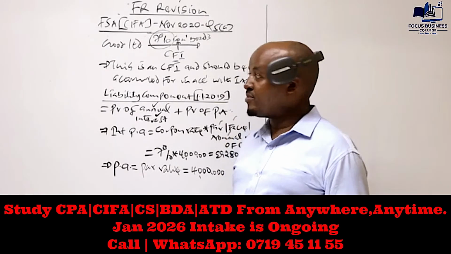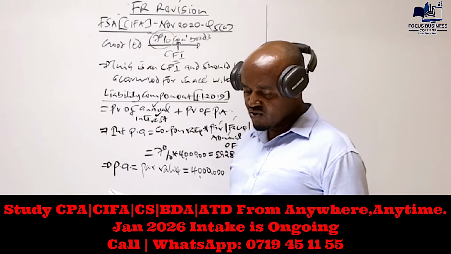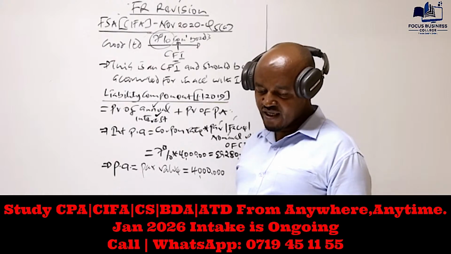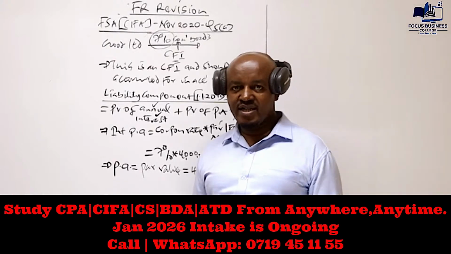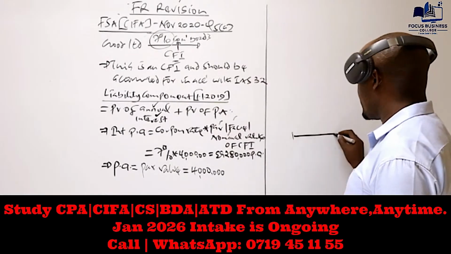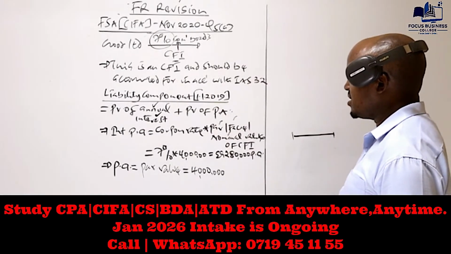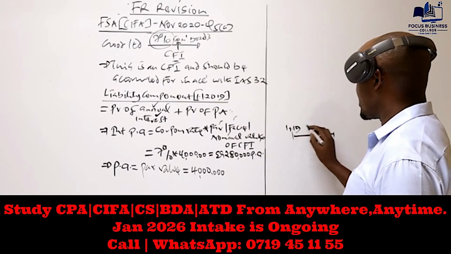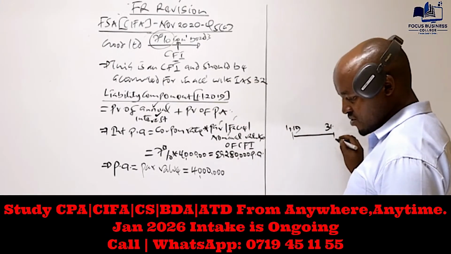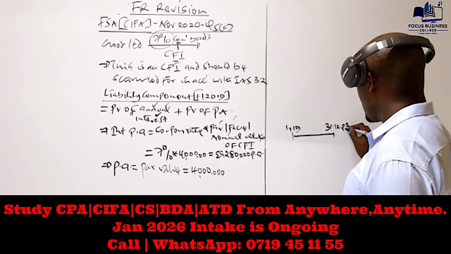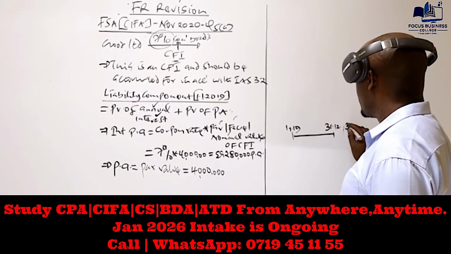So these convertible bonds, they have a life of how many years? We are told they will be redeemed at par on 31st of December 2023. So that is the redemption date, and basically that will help us in knowing the life of these convertible bonds. Remember, they were issued on 1st January 2019 and will be redeemed on 31st of December 2023. How many years do we have between those two dates?